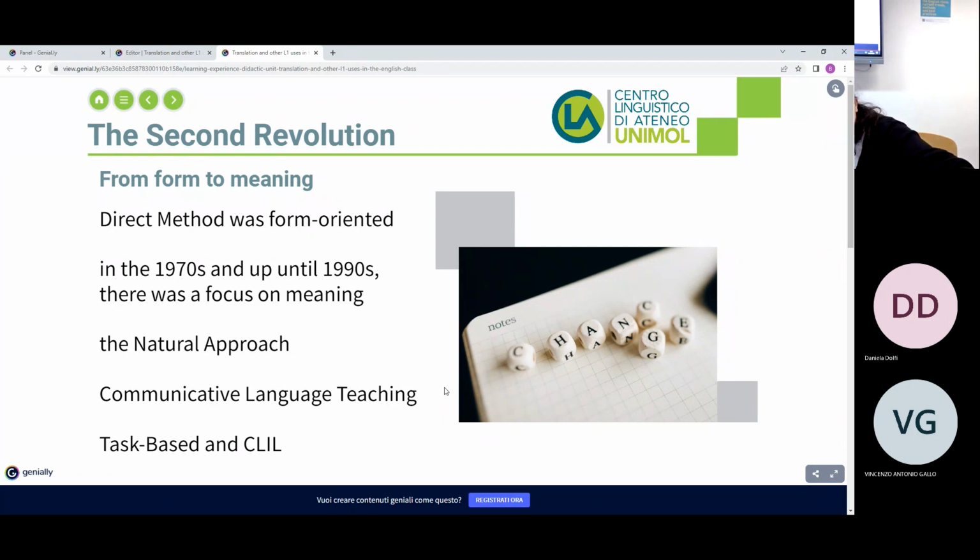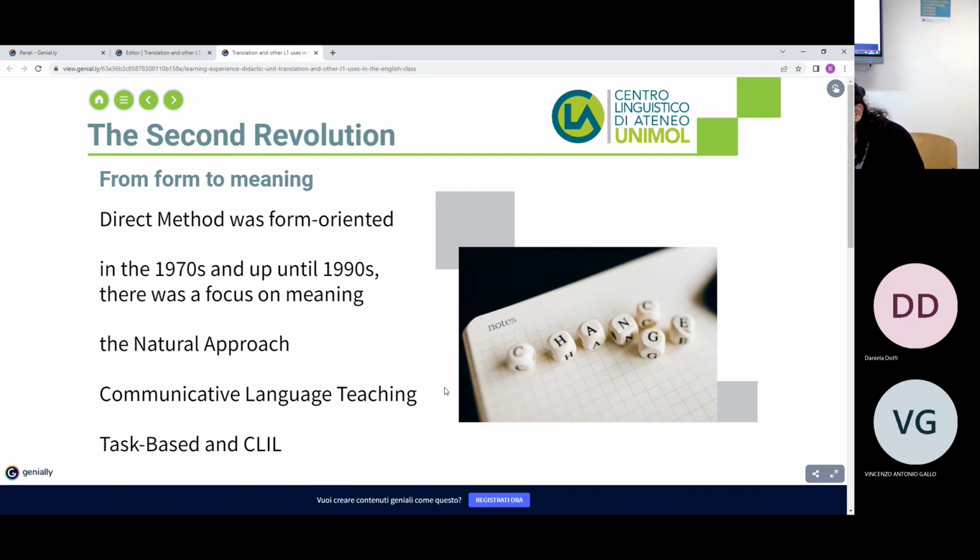We could mention the natural approach. I'm not sure anyone here is familiar with any of these. Communicative language teaching, task-based language teaching, and CLIL maybe? Yeah.